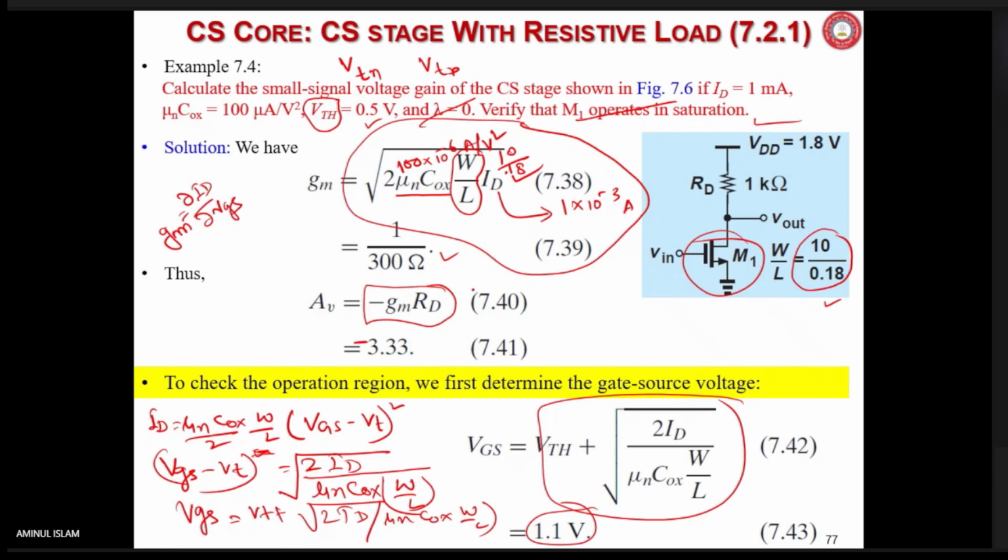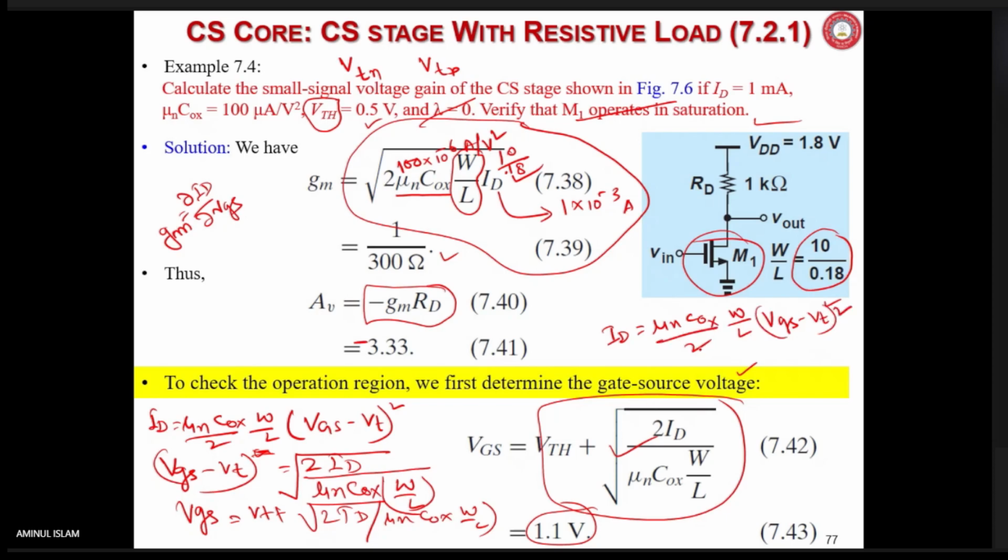To check the operating region, you have to see that M1 operates in the saturation region. So we first determine the gate source voltage. VGS we want to find out first. VGS can be written in this way. The saturation current is mu n COX W by L into VGS minus VT whole square divided by 2.